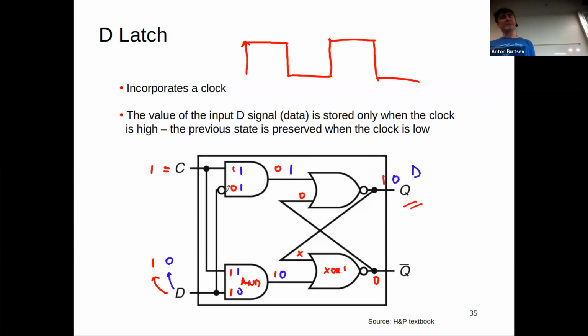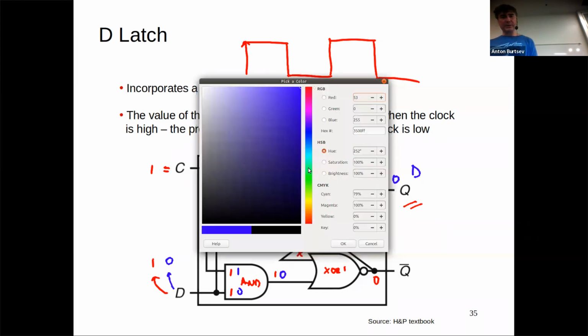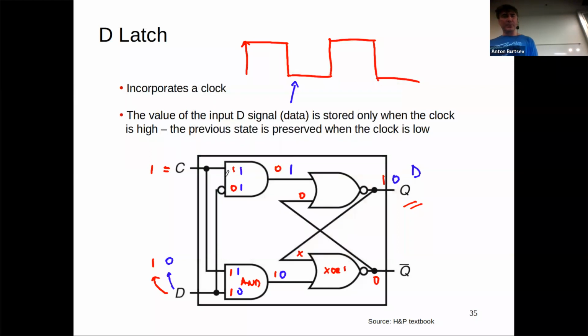We can prove it by the truth table, but we can think of it as well. Now let's see what happens when the clock is low, right? When the clock drops to low, let me change color to green. So clock is 0 now, so this signal is 0. No matter which signal we have here, X, 0 and X will always be 0.